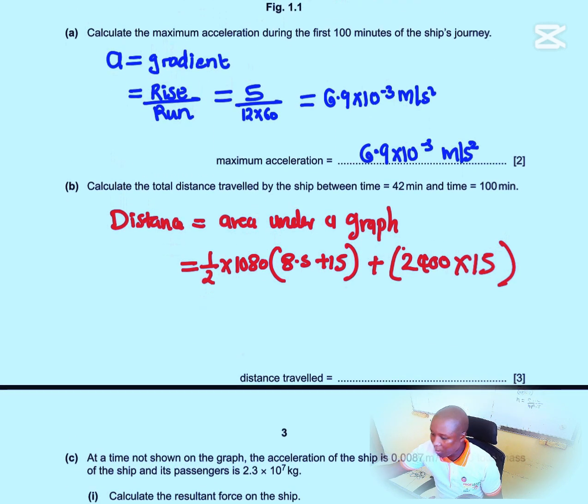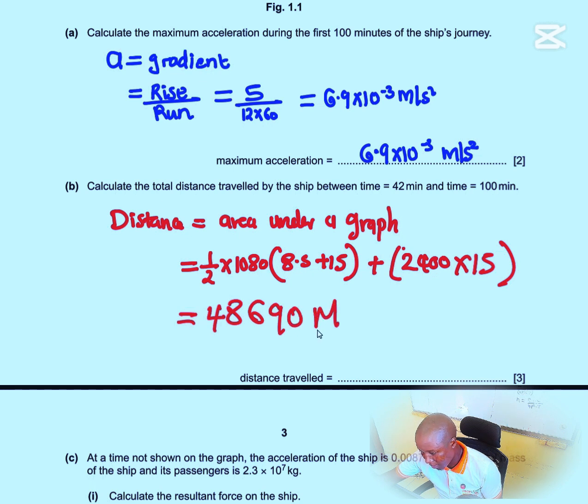So if I work out the total distance traveled, this is going to be 0.5 times 1080 into brackets 8.5 plus 15, then plus bracket 200 times 15, and the total answer becomes 48,690. So the total distance becomes 48,690 meters.